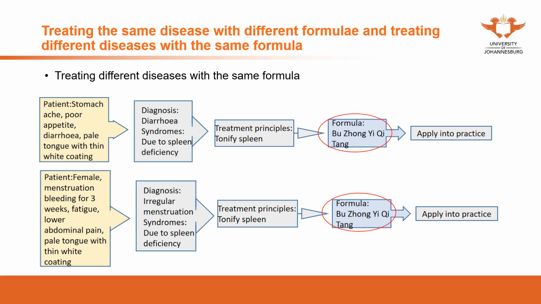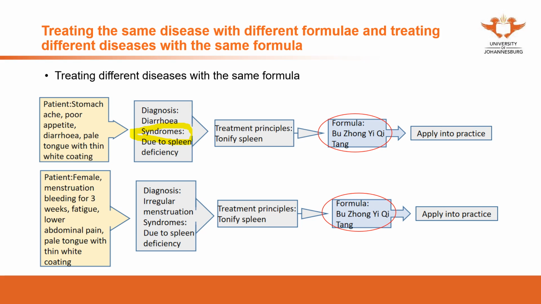So this is very different from other medical systems, for example, conventional medicine. For hypertension, they will use tablets to control the blood pressure. No matter which patient, they will choose different tablets according to their symptoms, but those symptoms are not from the syndrome, but from their complications, from the side effects.